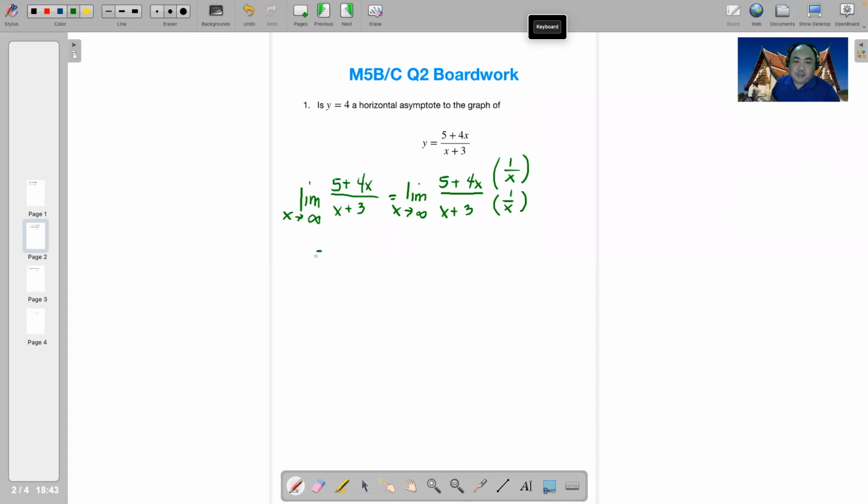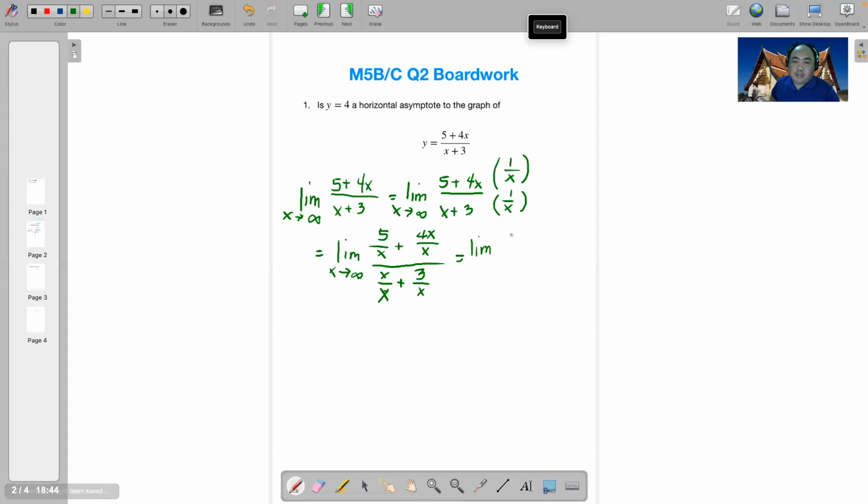This is going to be the limit of 5 all over x plus 4x over x all over x plus 3 over x, as x approaches infinity.